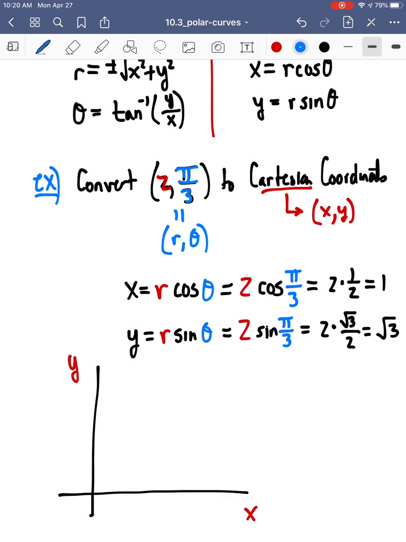So first, let's compute that angle of pi over 3. So that angle of pi over 3 is somewhere along here. And then we're a distance about 2 starting from the origin.